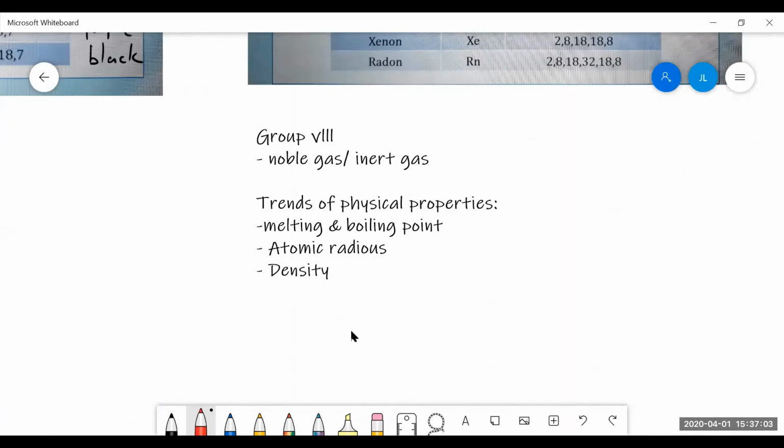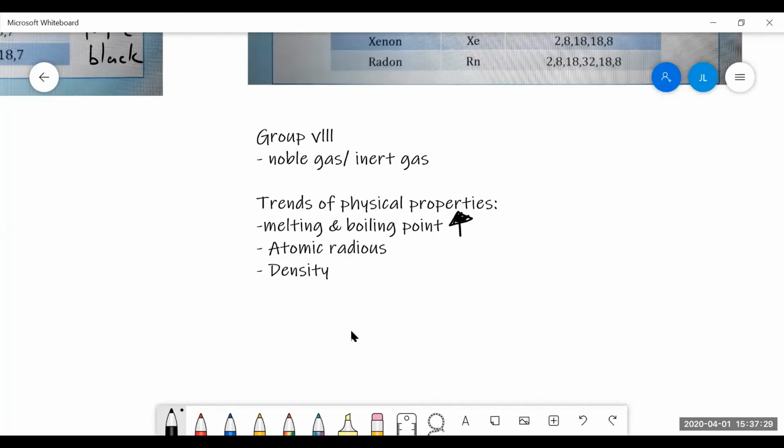So for melting and boiling point, what happens as we move down the period? It increases, correct?